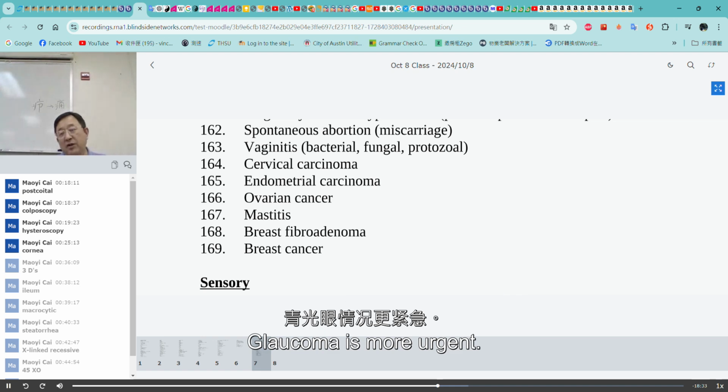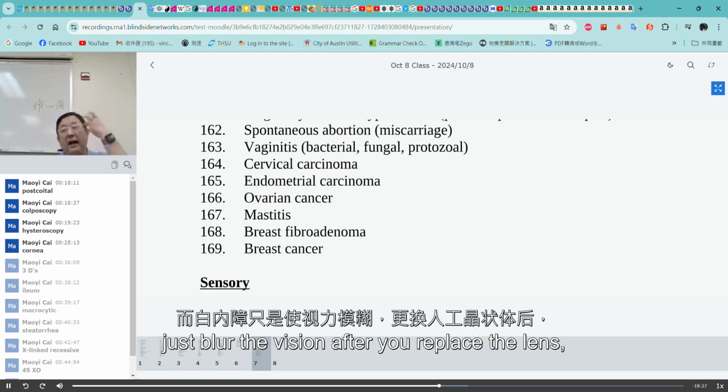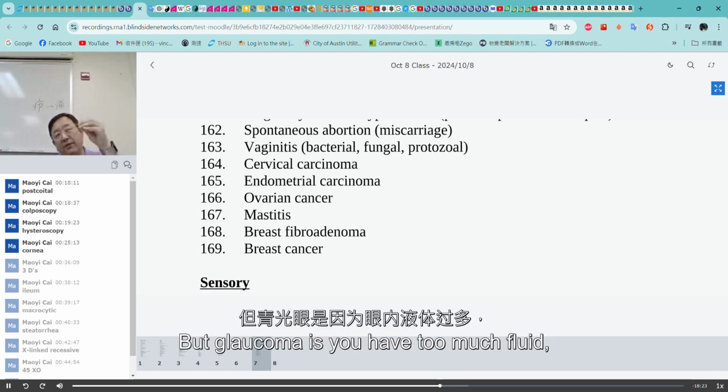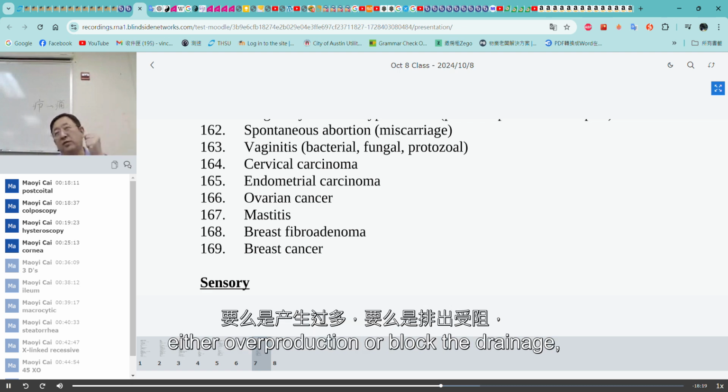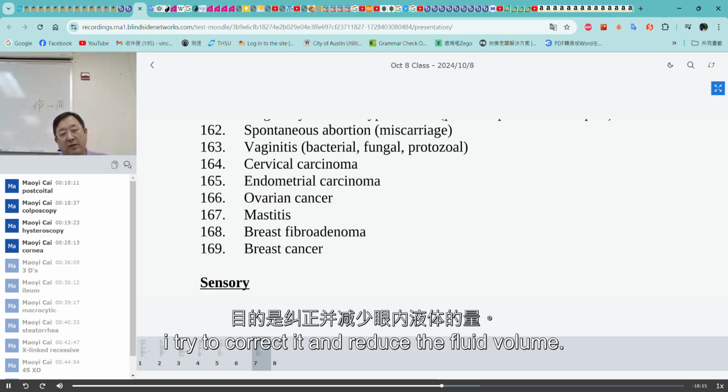Glaucoma is more urgent and needs to be treated sooner than cataract. Cataract just blurs the vision. After you replace the lens, everything's okay. But with glaucoma you have too much fluid, either from overproduction or a blocked drainage. You can use surgery too, to correct it and reduce the fluid volume.